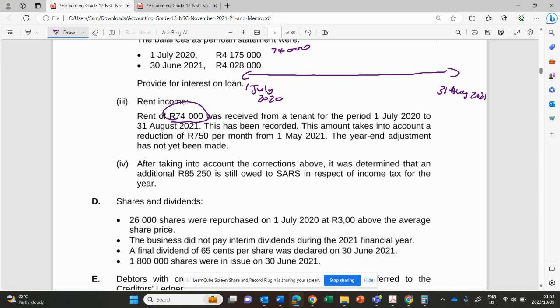So what's happening? From here to here, it's 14 months if I'm not mistaken. It's 6 months plus 8, isn't it? From here until here, it's 14 months if you count well.